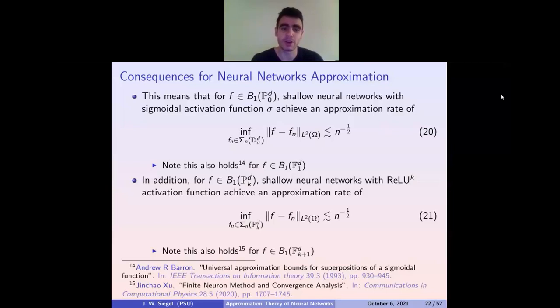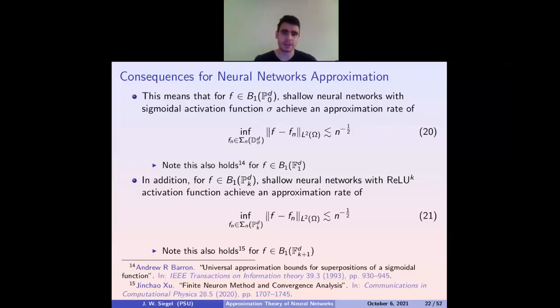And this, of course, generalizes readily to neural networks with ReLU to the k activation function. In this case, you're just taking the convex hull of a different sigma of omega dot x plus b set. So this is the starting point here, that you can get these dimension-independent rates for shallow neural networks on this particular class of functions.